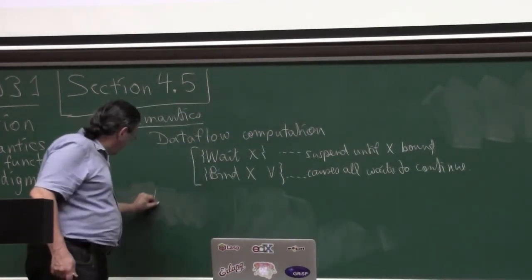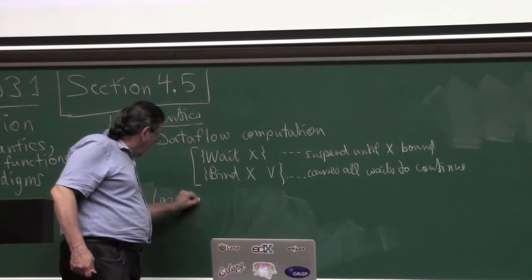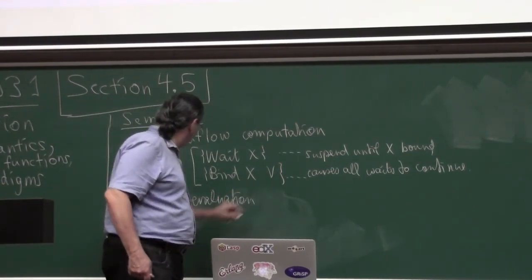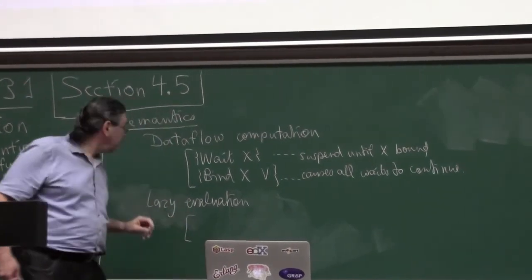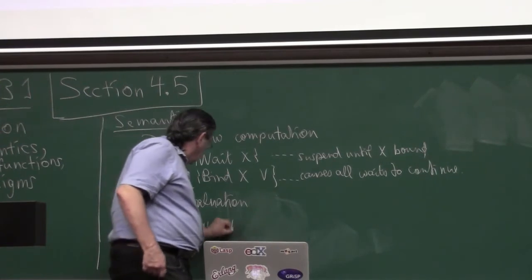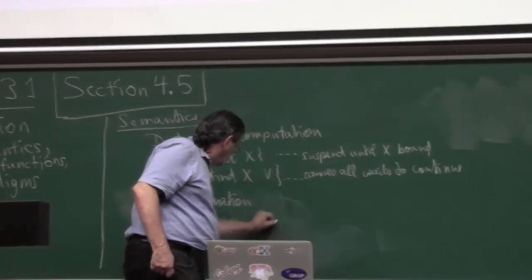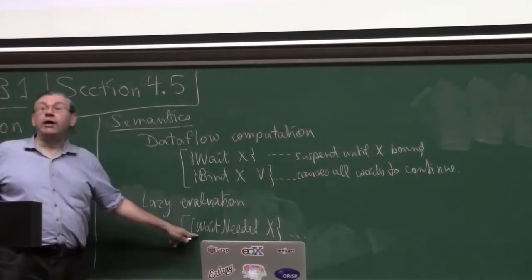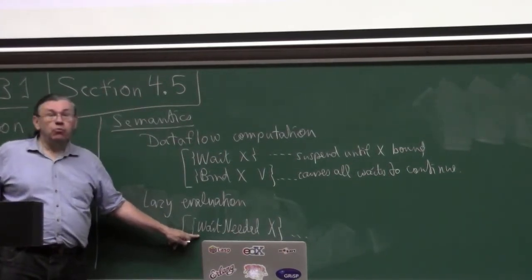So for lazy evaluation, we add one simple operation to this. One new primitive called wait needed, x. So this one also waits. This one waits for something.